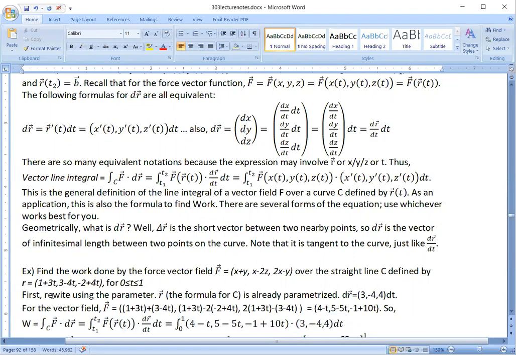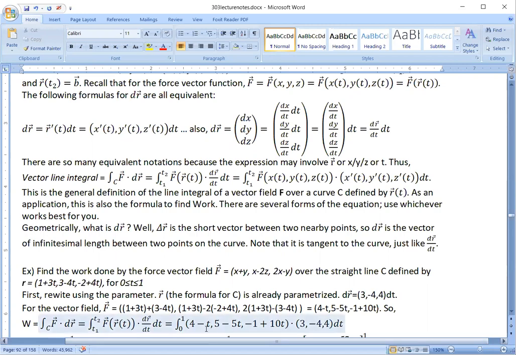So remember, it's always the integral over the curve of F dot dr. But we want to write that out parametrically. So it's the integral from t1 to t2 of the vector field, written in terms of t, times dr/dt, all that dt. We know our bounds were given. t goes from 0 to 1. We have our F written parametrically, and then dot dr, which we calculated as 3, -4, 4 dt.